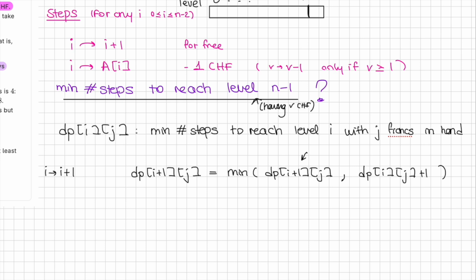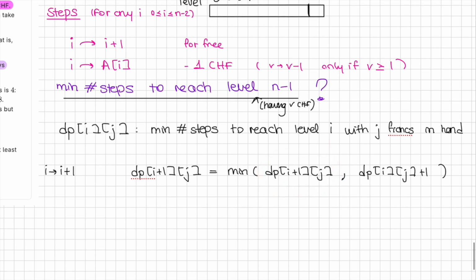This is for the things that we calculated until now. If they are minimum, then we pick that and do nothing. We don't change the minimum. For example, if we arrived at this level with a teleportation before, then we pick that as the minimum.